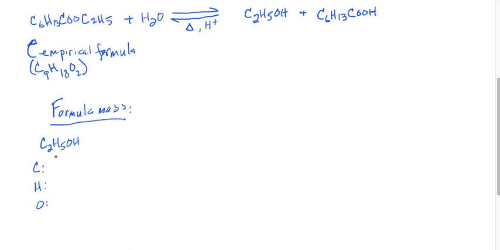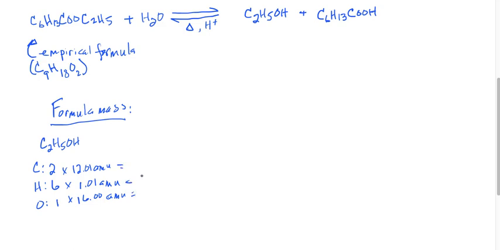And so carbon, we see here we have 2 of those. Hydrogen, we've got 5 and 1, there's 6, and 1 oxygen. So remember, carbon is 12.01 AMU. Hydrogen is 1.01 AMU. Remember, atomic mass units. And then oxygen, remember, we're rounding that up to 16.